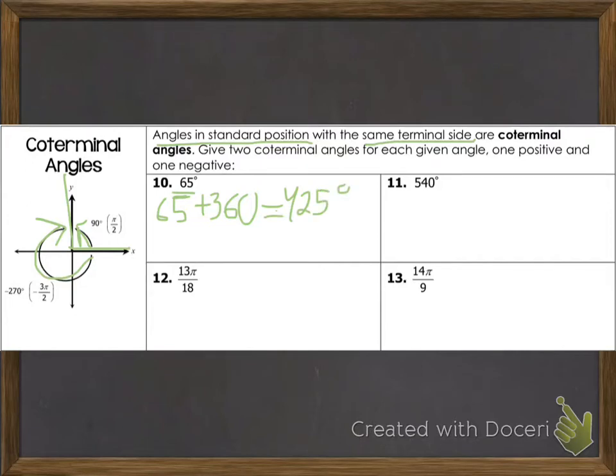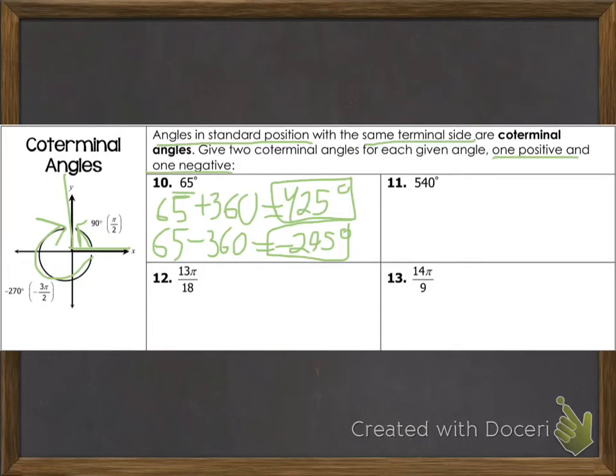And now I'm going to subtract 360. So 65 minus 360 would get me negative 295 degrees. So this would be an example of a positive coterminal angle, and this is an example of a negative coterminal angle.